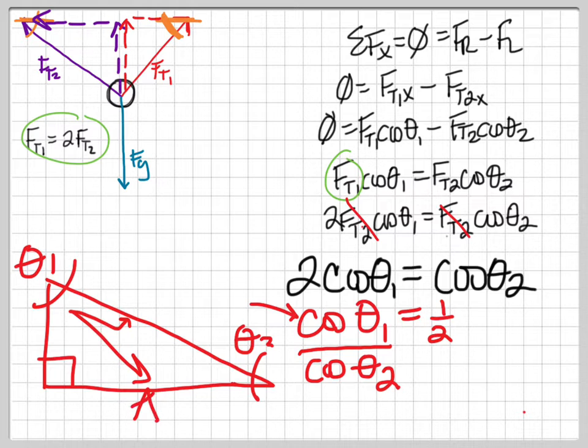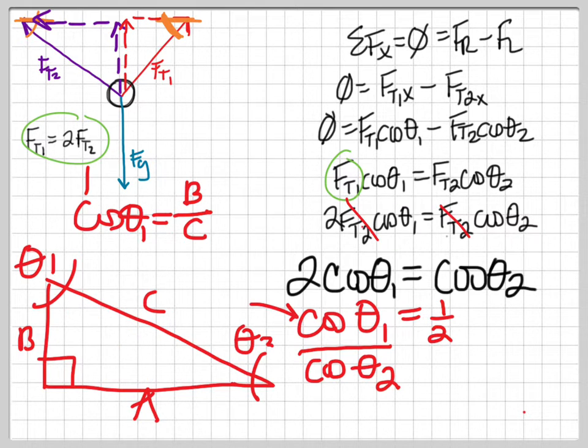Let's call this side A, B, and C. So cosine theta 1 is equal to B divided by C, right? Adjacent divided by hypotenuse. And the sine of theta 2, lo and behold, is equal to B divided by C.